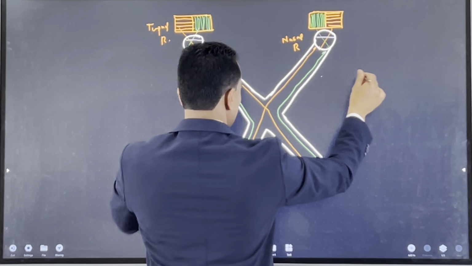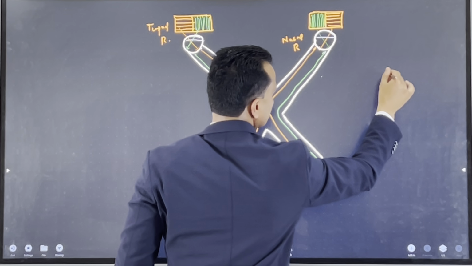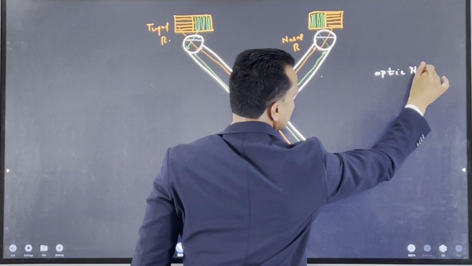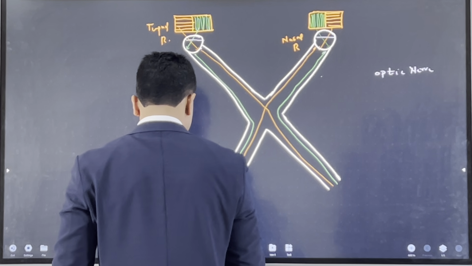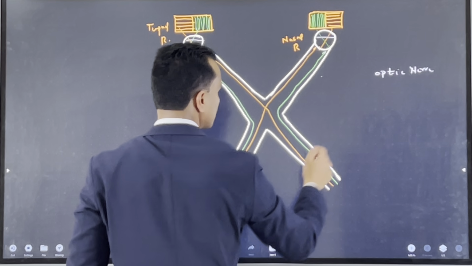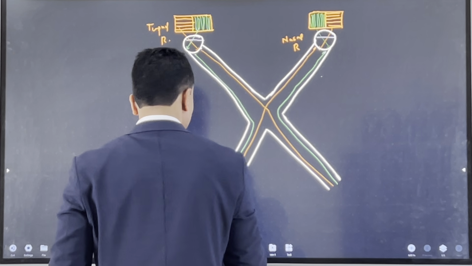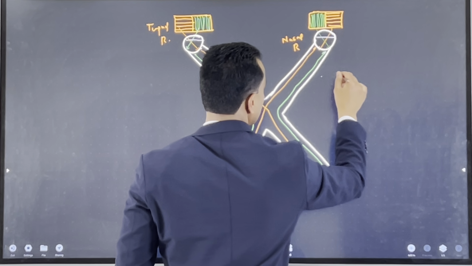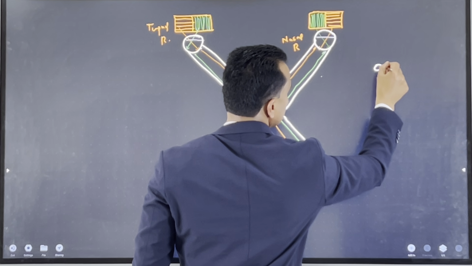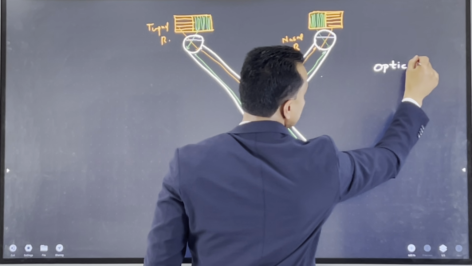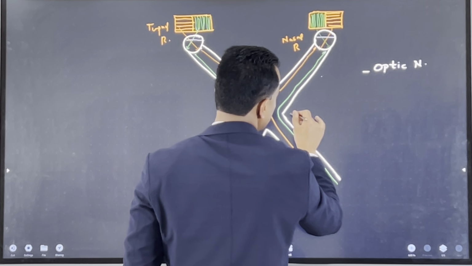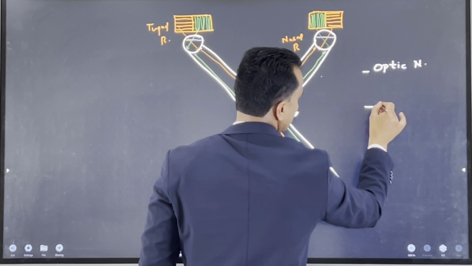So this is the optic nerve here, and this is the optic chiasma.